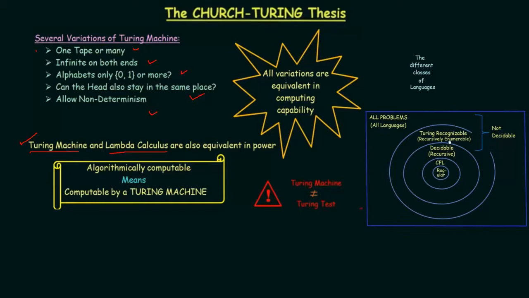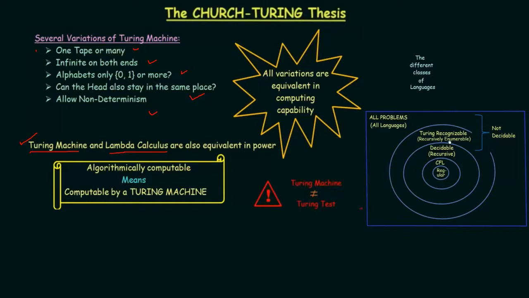Now, talking about the Church-Turing thesis, we need to clear up one thing. We have plenty of times heard the term Turing test. But Turing test and Turing machine are not the same thing. Turing machine is whatever we have seen so far, but Turing test is completely different.